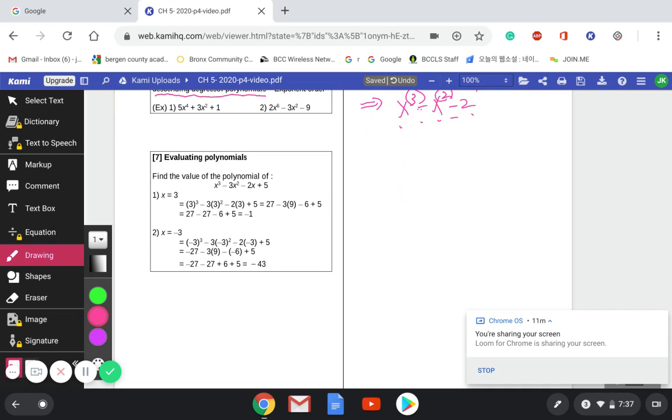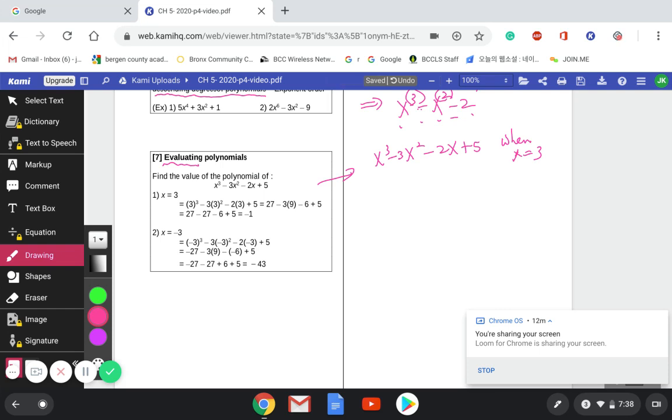Now, evaluating the polynomial. Evaluating means getting an answer, getting a value. So if you have x^3 minus 3x^2 minus 2x plus 5, and they want to evaluate when x equals 3, what that means is they want to replace x with 3.